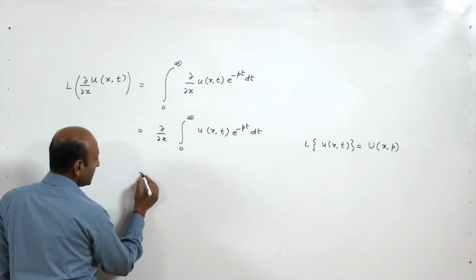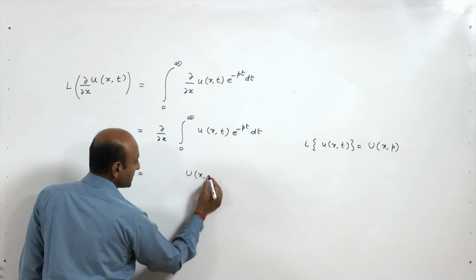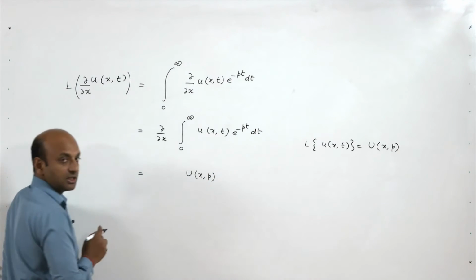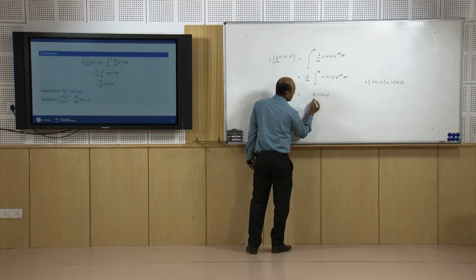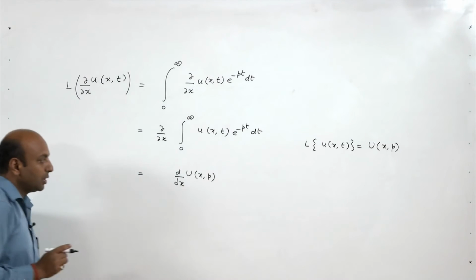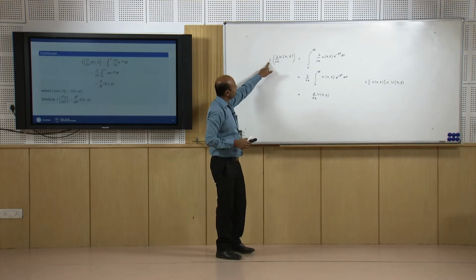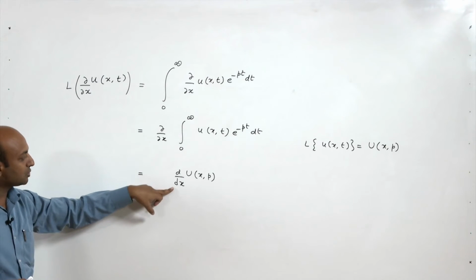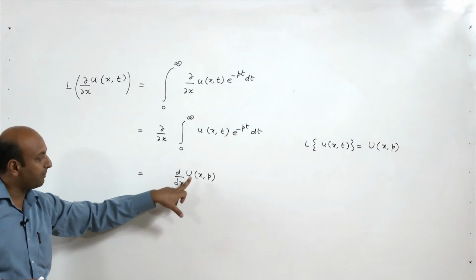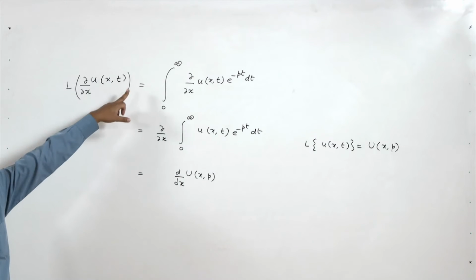So this is nothing but U(x,p), and we can write d by dx because p is a parameter. So the Laplace transform of del by del x of u(x,t) can be written as d by dx of capital U(x,p), where capital U is nothing but the Laplace transform of small u with respect to t.